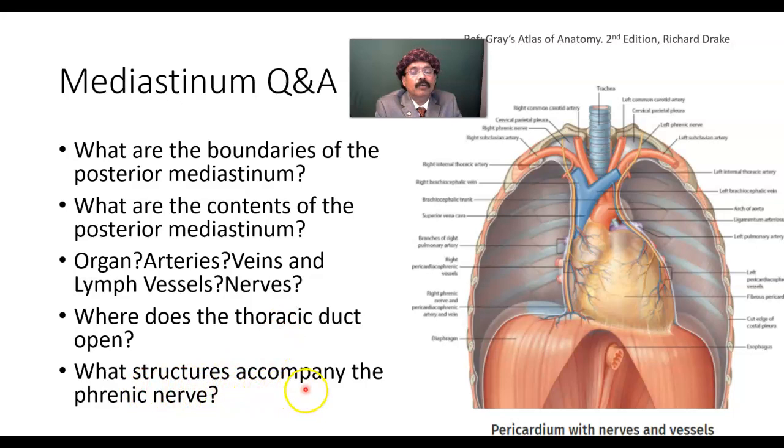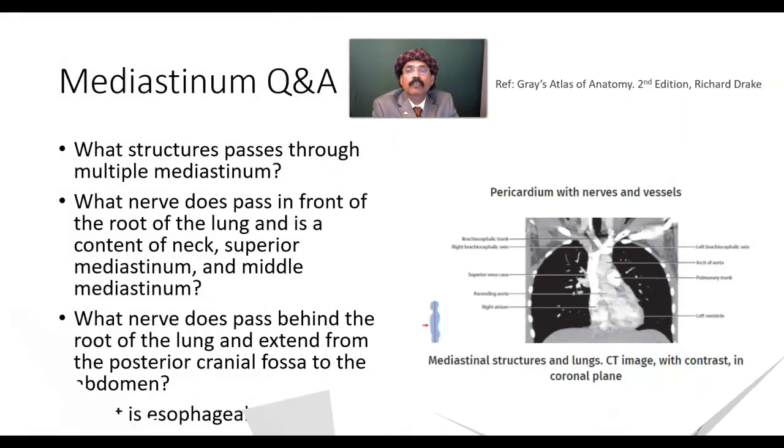What structures accompany the phrenic nerve? The pericardiacophrenic artery and pericardiacophrenic vein. Now we'll go to the next slide. What structures pass through the mediastinum? Let's start. Trachea passes through the superior mediastinum. Trachea is also a part of the neck. How about the esophagus?